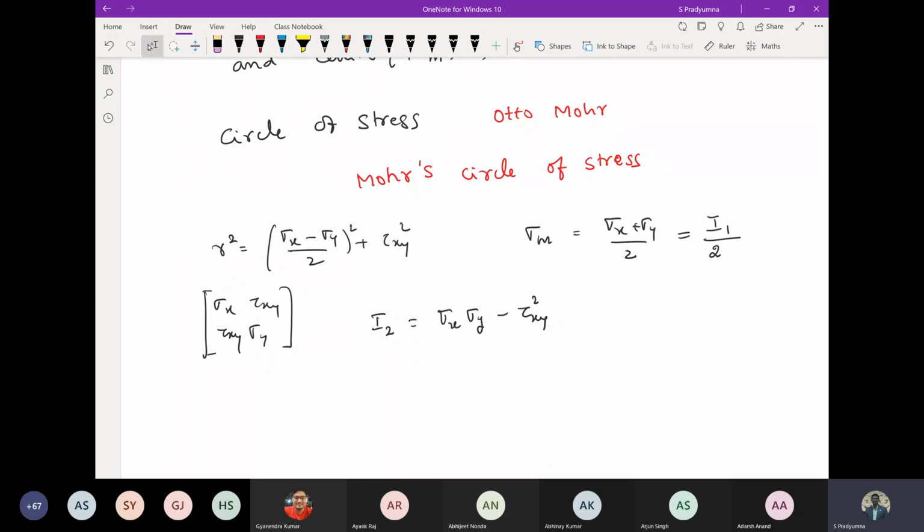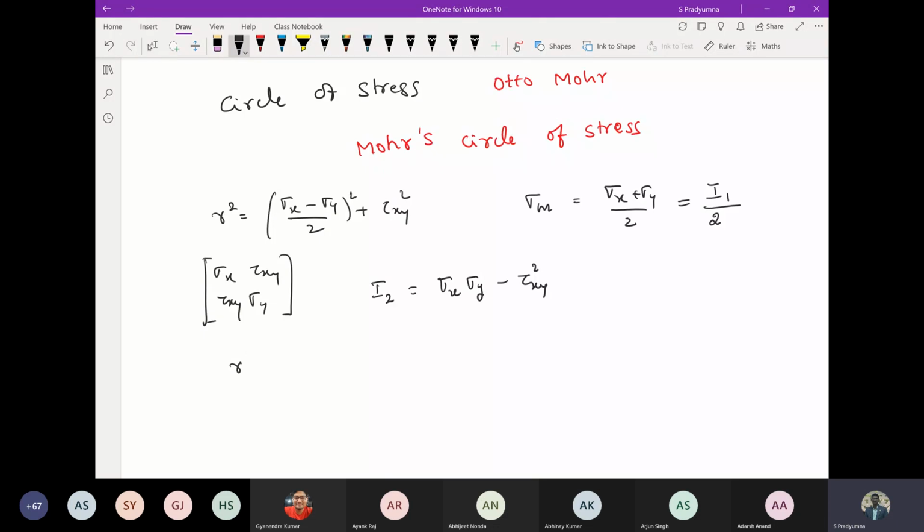Therefore, I can write R square is equal to sigma x minus sigma y whole square by 4 plus tau xy square, that is equal to (sigma x minus sigma y) whole square plus 4 times tau xy square, divided by 4.